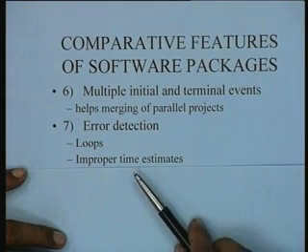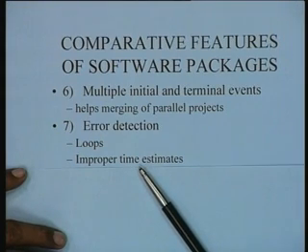There might be improper time estimates. Can your computer package detect and point out that you have not selected the appropriate time estimates for various activities? How do you think this could be done? This could be done very simply if there is a database within the package which would specify that any particular activity has conventionally been within a certain range of, let's say, 3 months to 6 months.